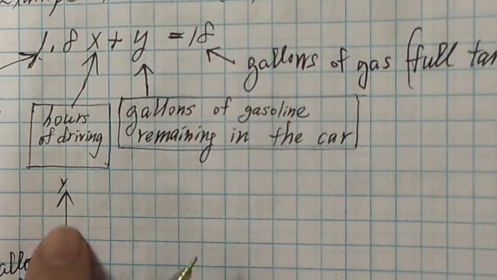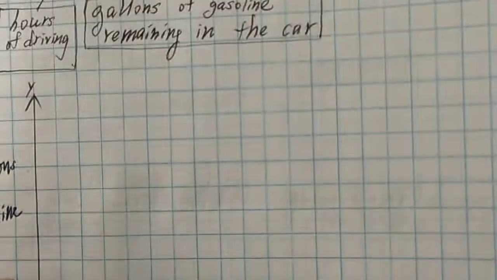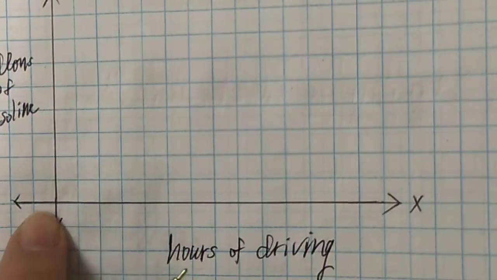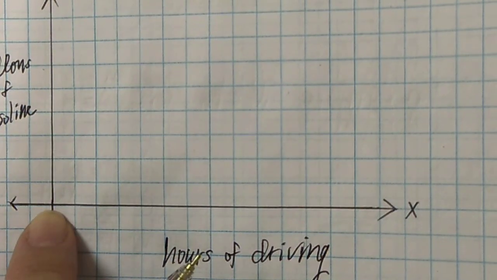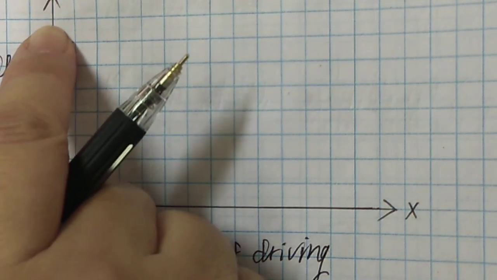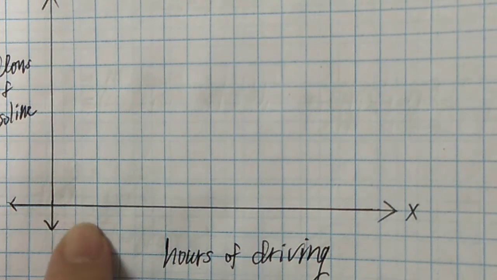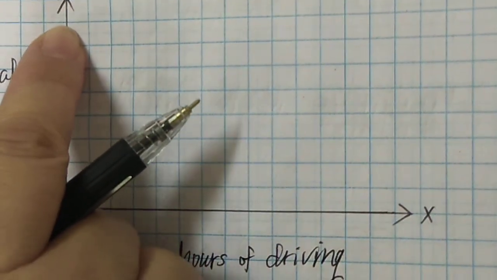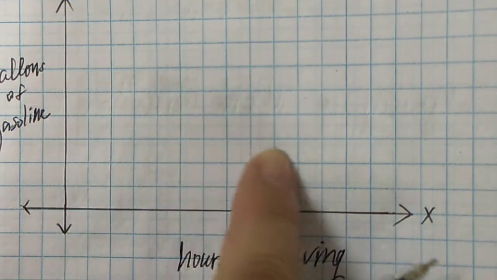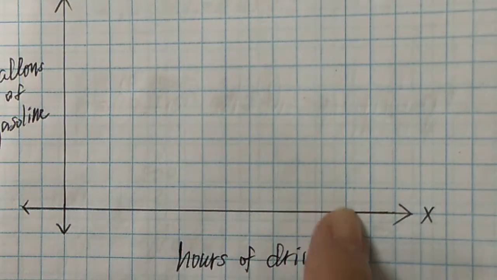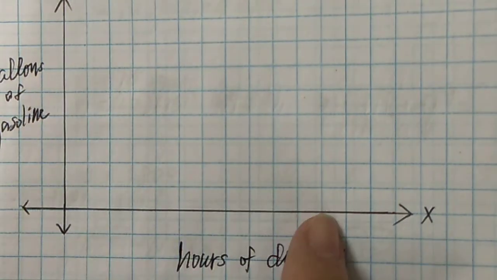If I look at a graph like this, it's pretty safe to say that when I first start driving, at 0, I haven't started driving yet, so I must have a full tank of gas. That's when the gas is at the maximum. Then as time passes, the amount of gas in the tank decreases, so I'm going to have a line that comes down like this, at a very consistent rate, making this a linear function.